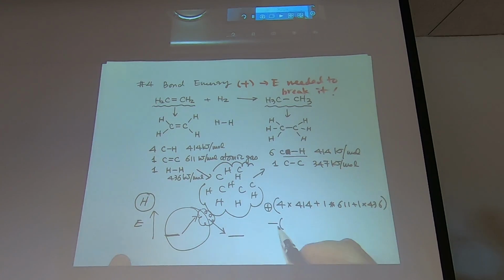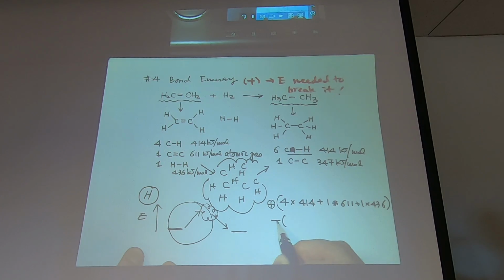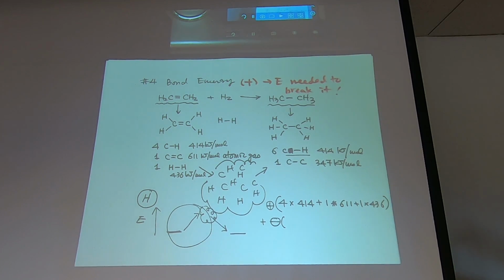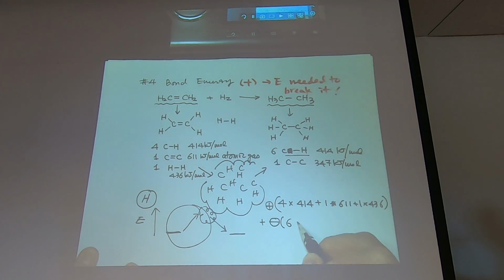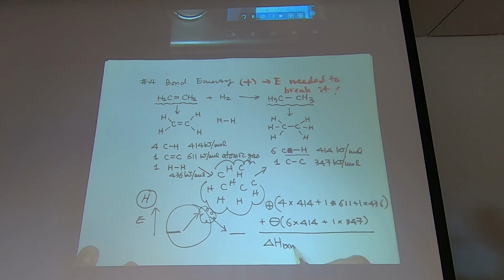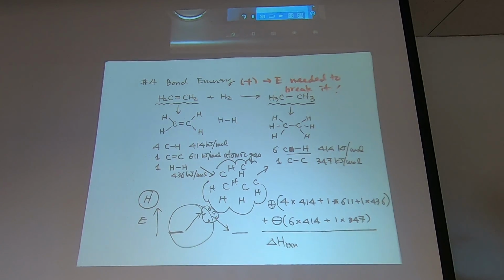Then this is a negative number, on the other side, because upon forming these bonds, the energy will be liberated, as this high-energy atomic cloud gives rise to this stable compound. So now this is 6 times 414, 1 times 347. And that is your heat, or delta H, of the reaction. I think that's what this is about.